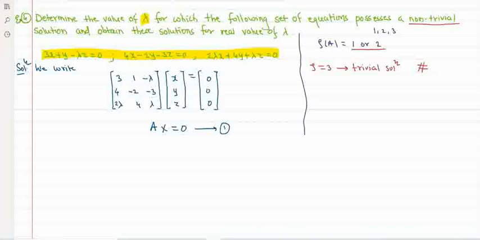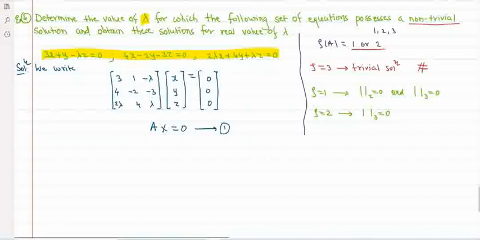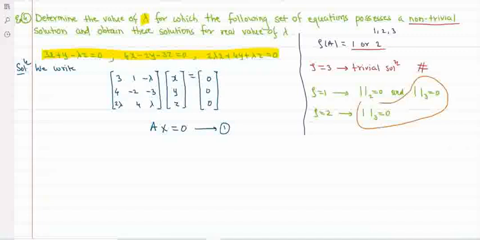Suppose the first case, if rank is equal to 1, then what we can say? Minor of order 2 is 0 and minor of order 3 must be 0 by definition. If rank is equal to 2, then minor of order greater than 2, that means 3, is equal to 0. Now if we consider these two cases, in both the cases minor of order 3 is equal to 0.